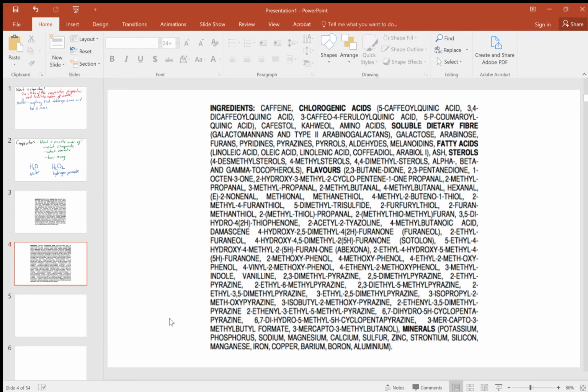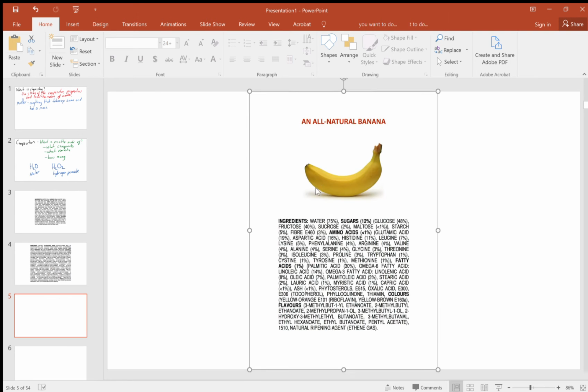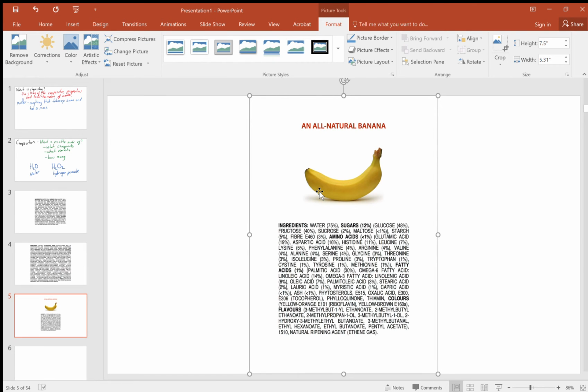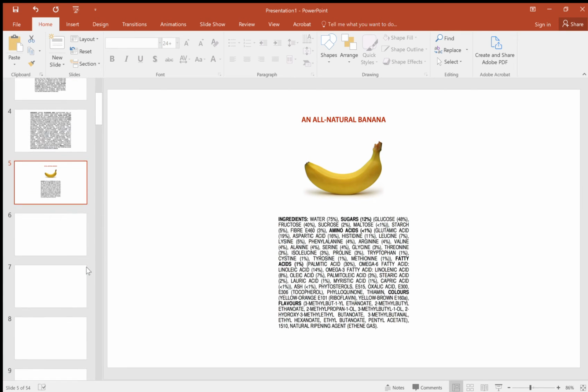Well, both of these come from posters that are made by a chemistry teacher in Australia. And he basically labeled these as, what if we had to put ingredient lists on natural foods? Would you still want to eat them? And so that first one, those are just all the components you find that would make up a banana.